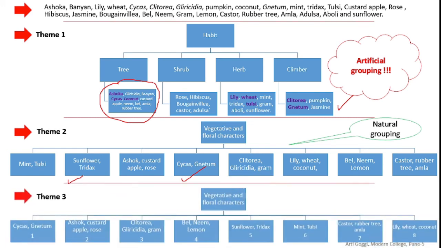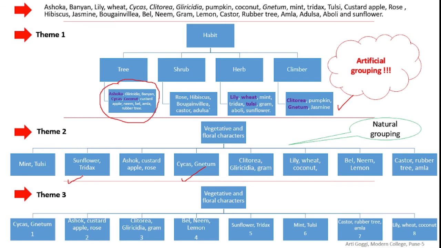So this is a hypothetical example. Suppose I have an assumption that gymnosperms are primitive and angiosperms are advanced. Among angiosperms, flowers with polypetalous corolla, many carpels and many stamens are primitive, while gamopetalous corolla and the syncarpous condition of gynoecium are advanced.